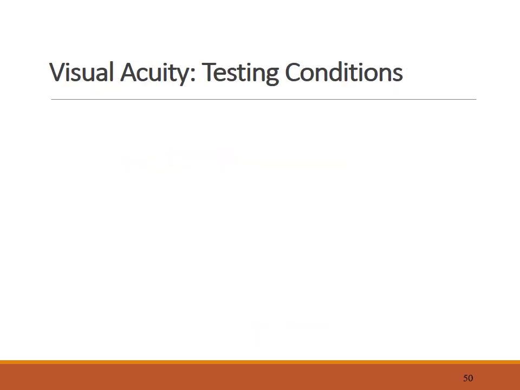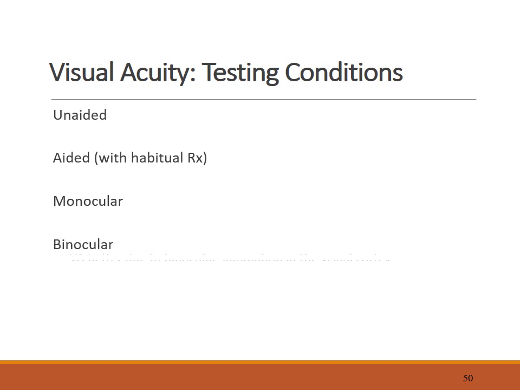Visual acuity testing conditions: we measure the visual acuity unaided, and we also measure visual acuity aided, which is with habitual Rx or wearing their own spectacles. We measure monocular and also binocular.